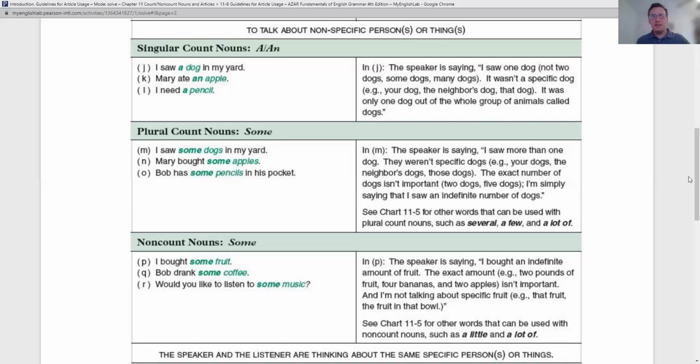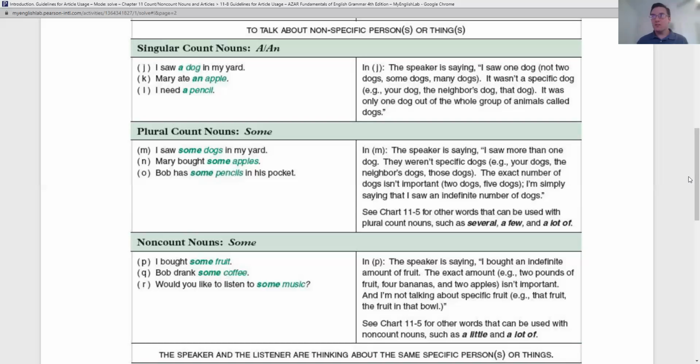I don't need this pencil right here. It could be this pencil, it could be another pencil. It doesn't matter, this pencil or that pencil, just any pencil, but I need one pencil. So I need a pencil. It's non-specific.